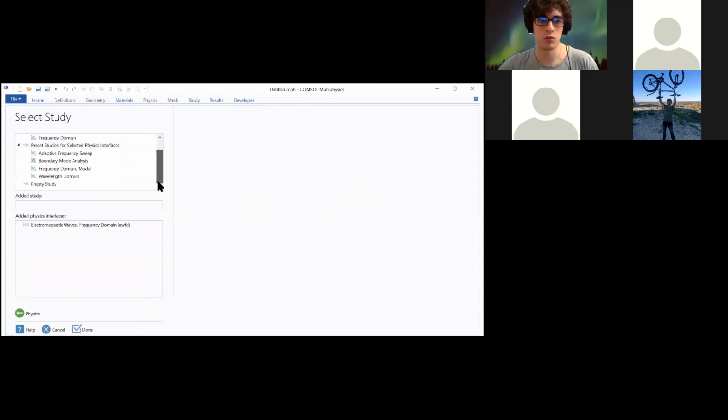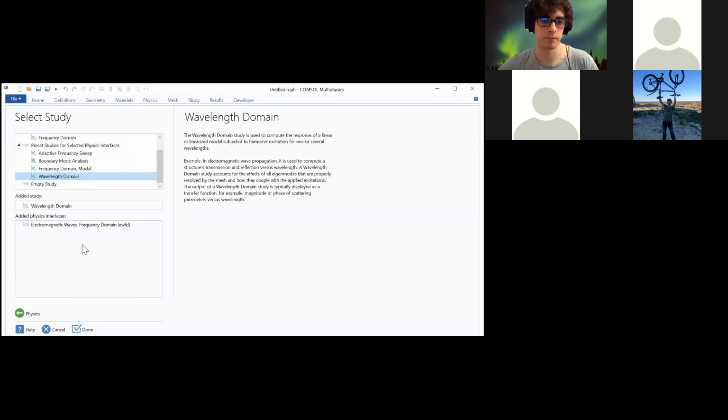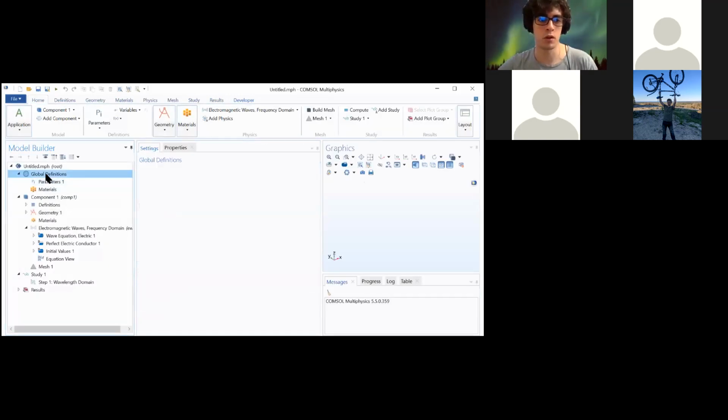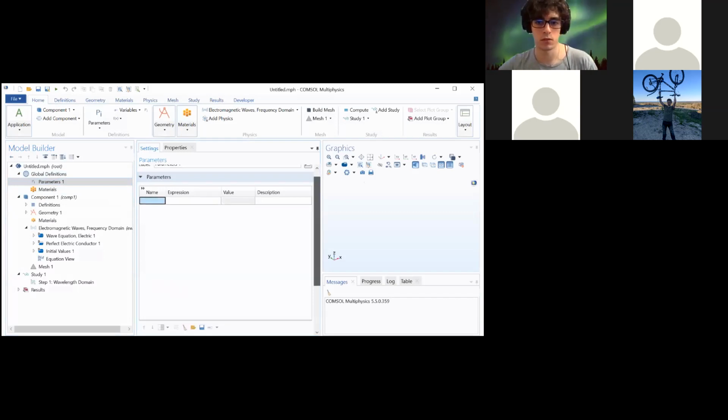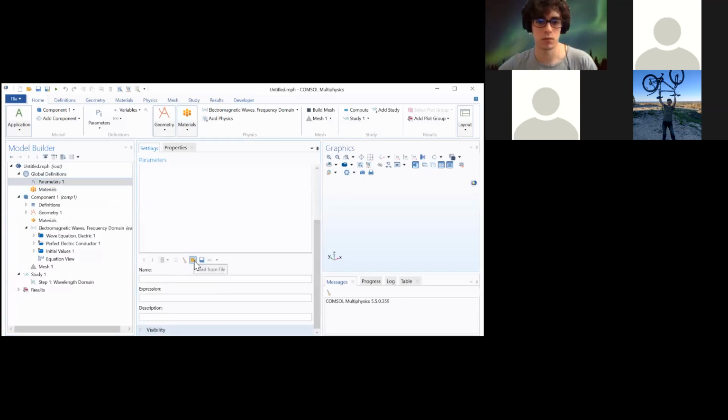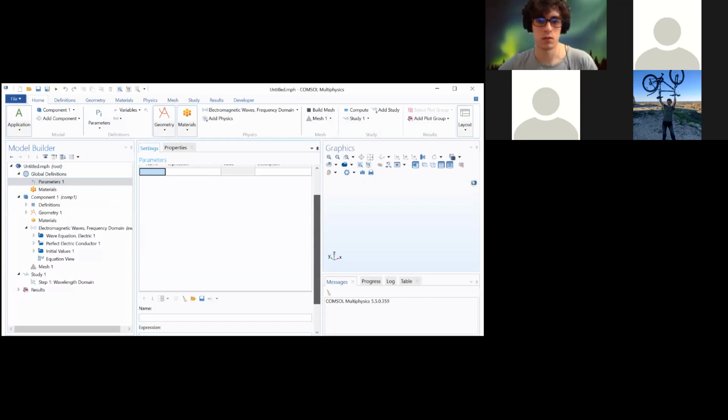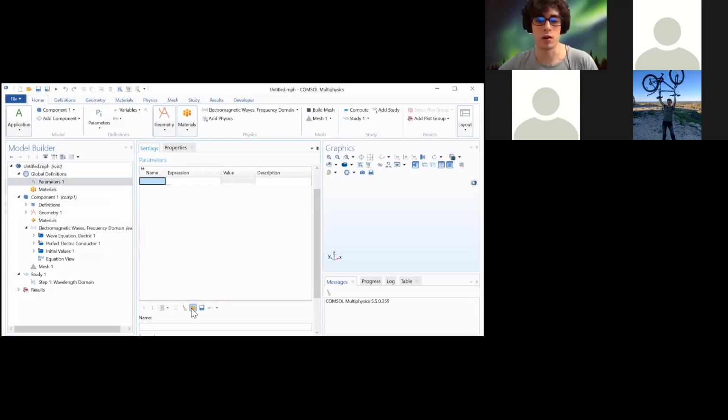And then we will do a wavelength domain study. What do you usually use, frequency domain or wavelength domain? Frequency domain is more frequent in our labs. Okay, basically it's the same. The only thing is that you input the wavelength in vacuum, but that's it. I just want to clarify.